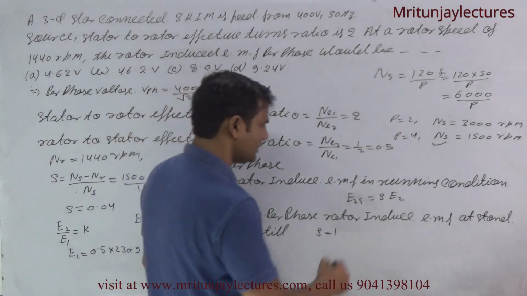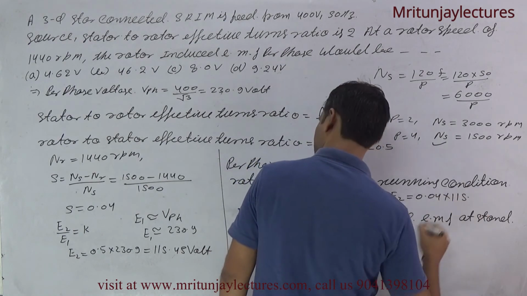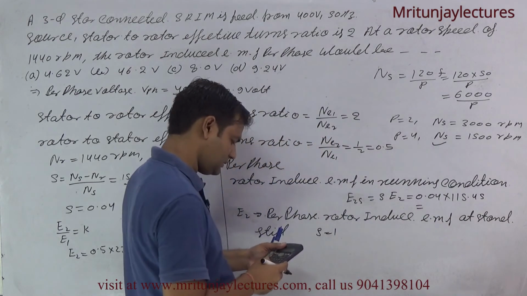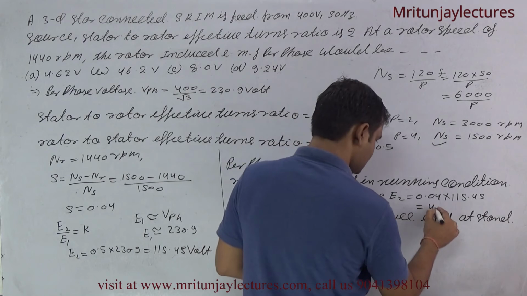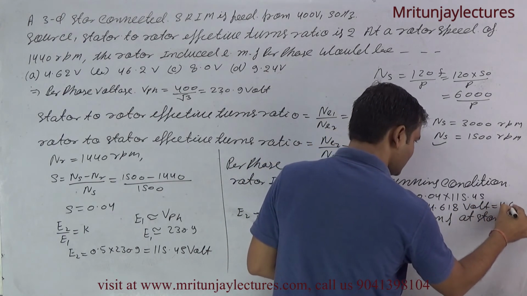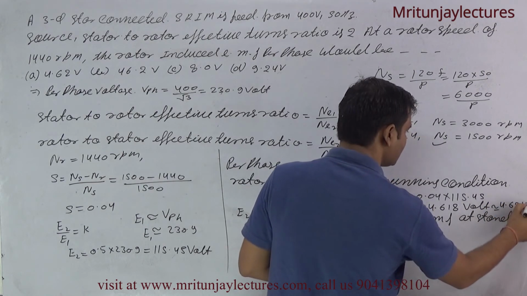Now slip, that is 0.04, into 115.45 volt. So finally we get E2s as 4.618 volt, which is closer to 4.62 volt.